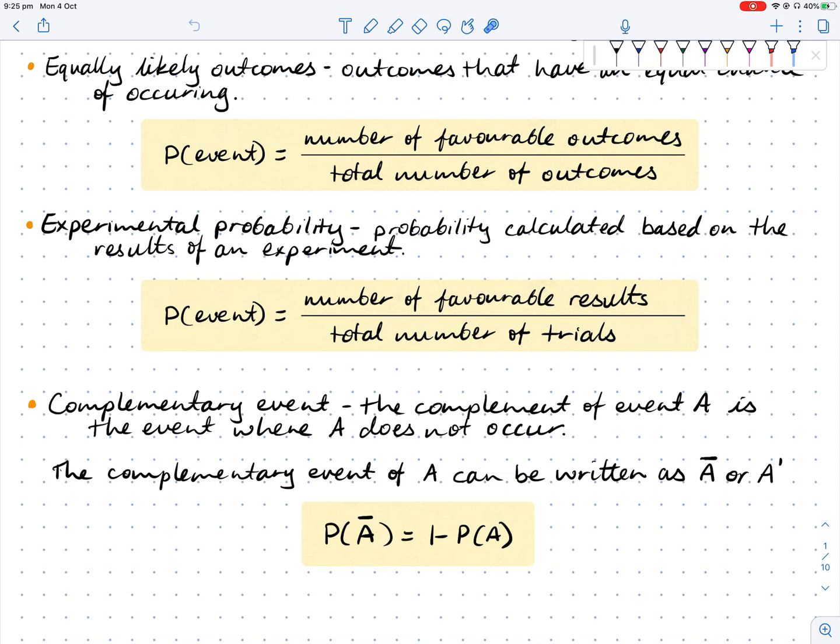Another person who might toss a coin 100 times might get a 52 and a 48. Someone else might even get a 40 and a 60, and that's possible too. It's just the luck of the toss. So when you're looking at those, then those would be considered your experimental probability. So even though we know it should be 50-50, when we actually go to perform the experiment, it may not be.